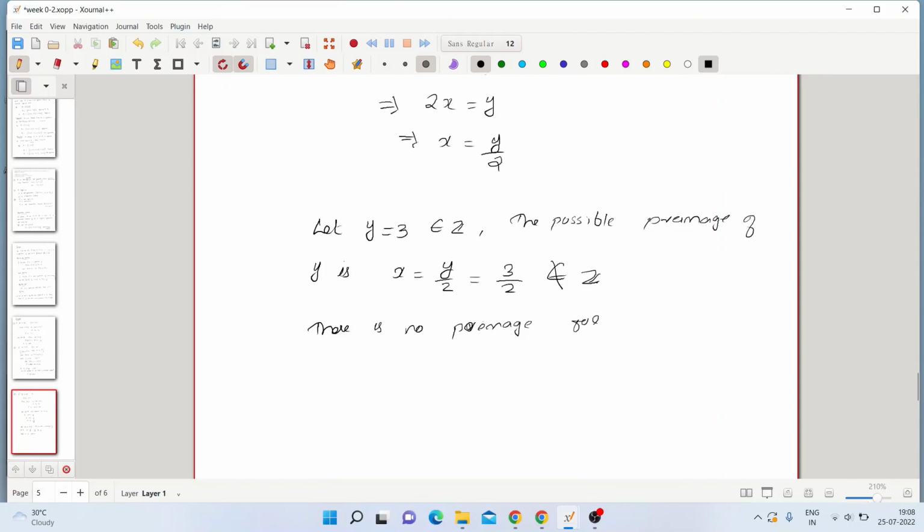Which shows that this f is not an onto map, right?